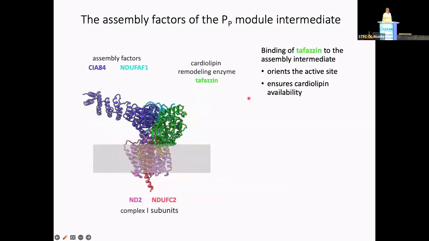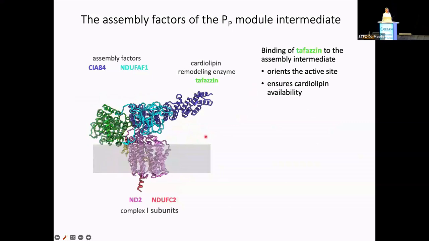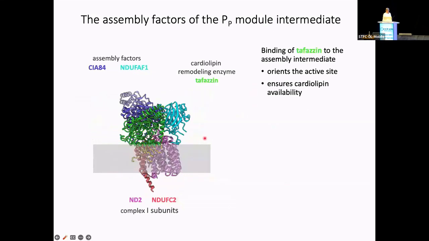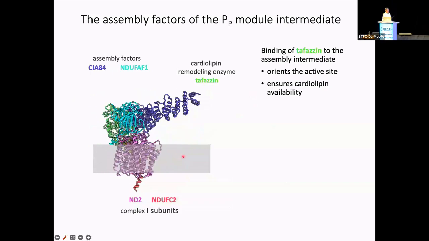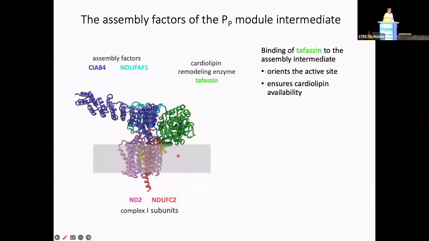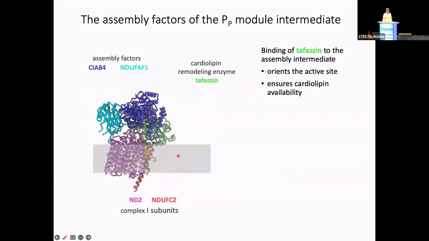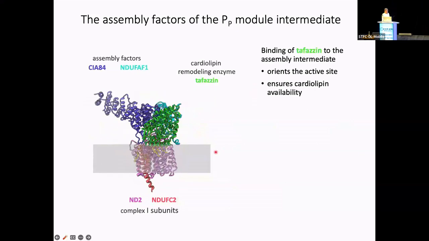Another possibility, not mutually exclusive, is that the binding of tafazzin to a growing complex 1 ensures that cardiolipin is available where and when it is needed during protein synthesis.